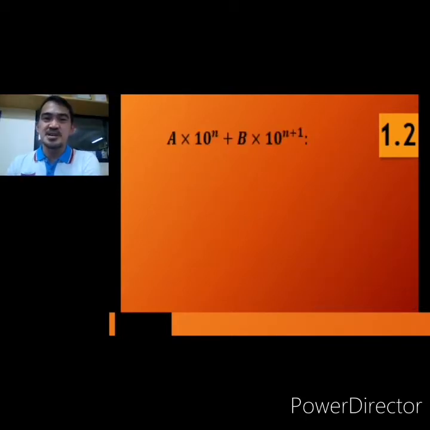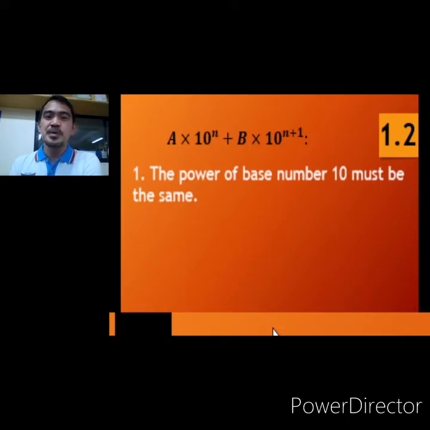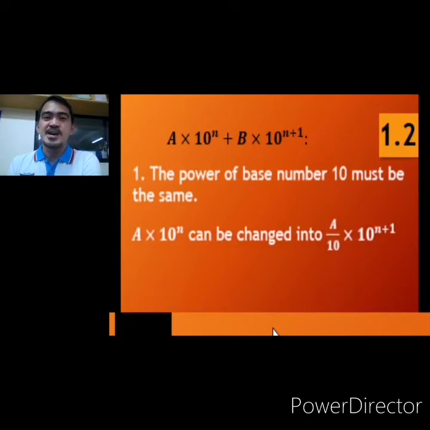Steps to add numbers in exponential notation that have different powers of base 10, such as a times 10 raised to n plus b times 10 raised to n plus 1. So here are the steps. Step 1. The power of base number 10 must be the same. A times 10 raised to n can be changed into a over 10 times 10 raised to n plus 1.